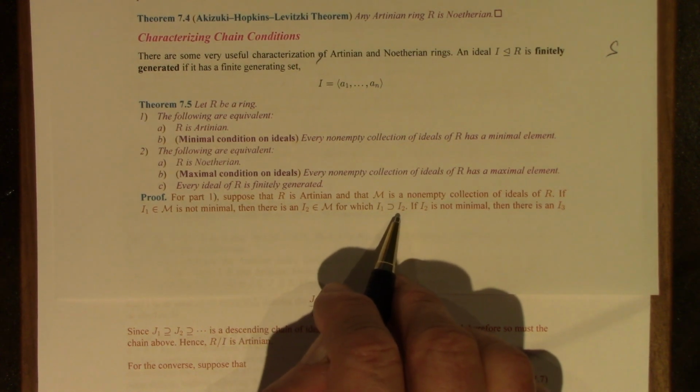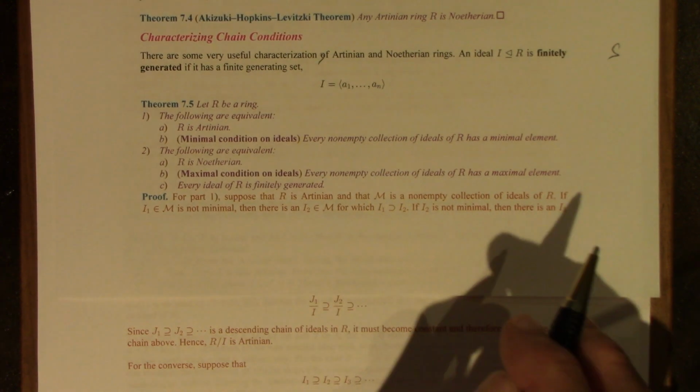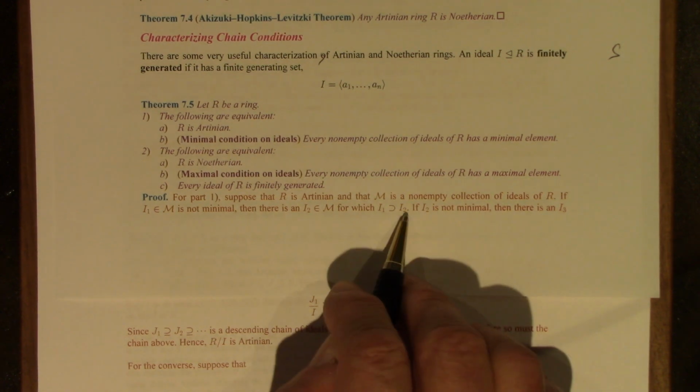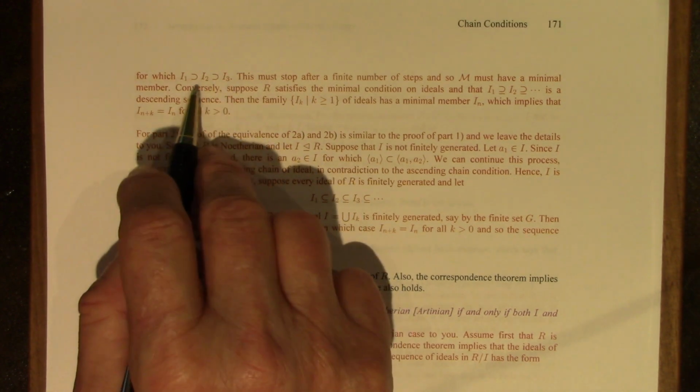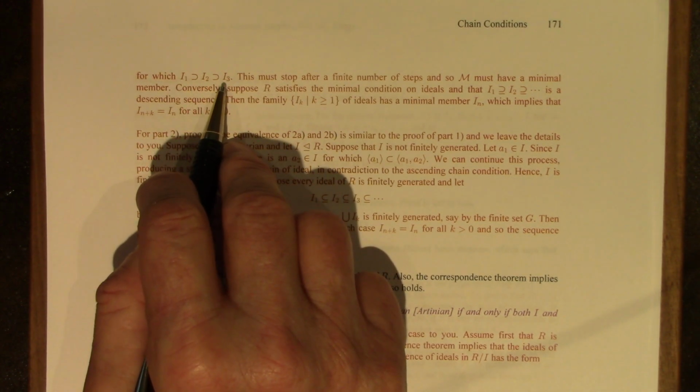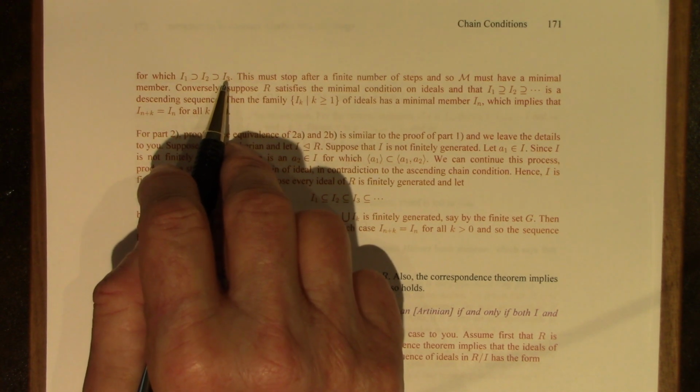If I2 is minimal, we're done. If not, then there's an I3 strictly contained in I2. And we're beginning to form a strictly descending chain. This has to stop. And when it does stop, we have found a minimal ideal.